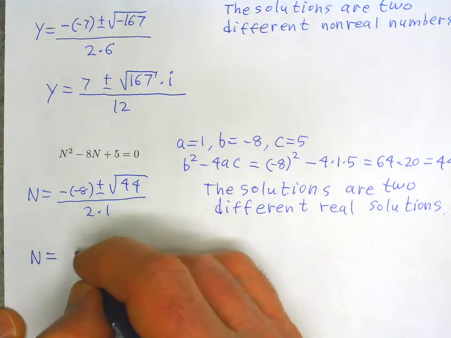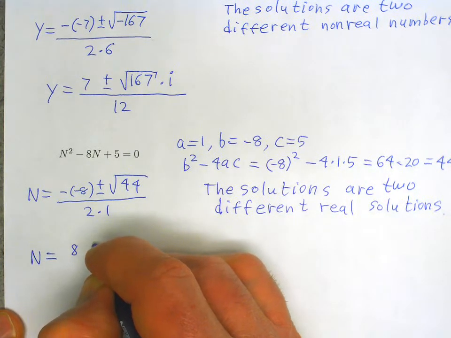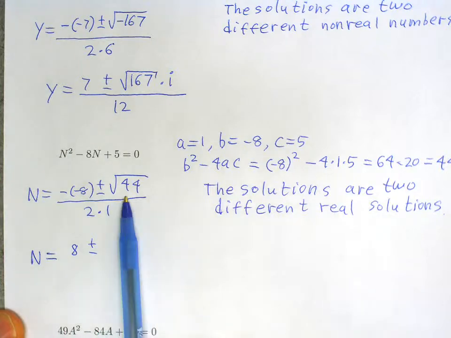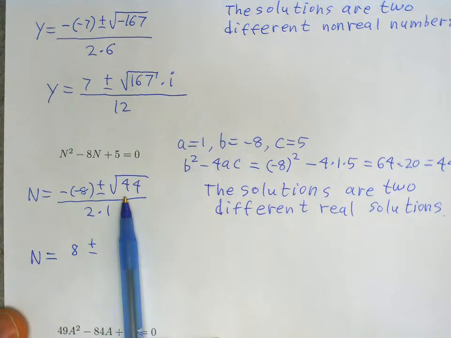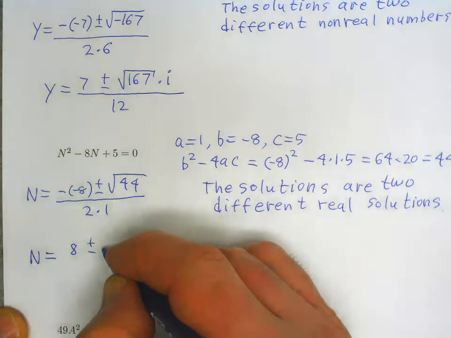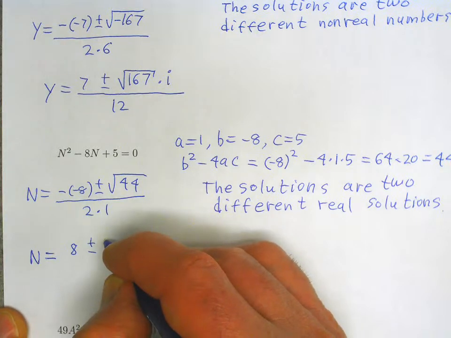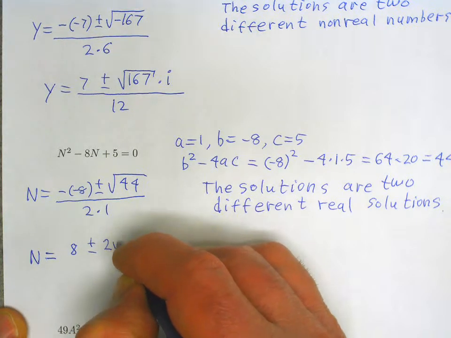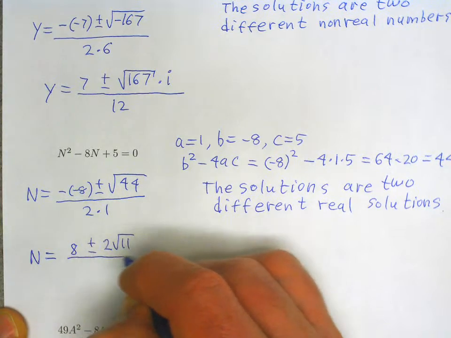The negative of negative 8 is positive 8. And we can simplify the square root of 44. The largest factor of 44 that's a perfect square is 4, 4 times 11. So the square root of 4 is 2, so it's 2 times the square root of 11, all divided by 2.